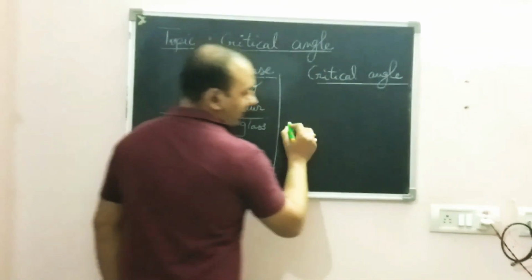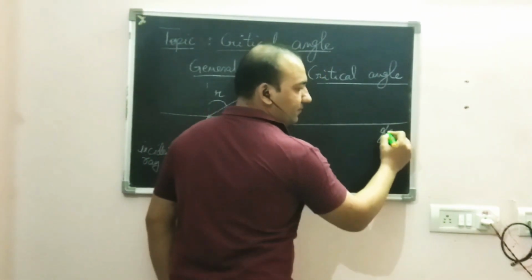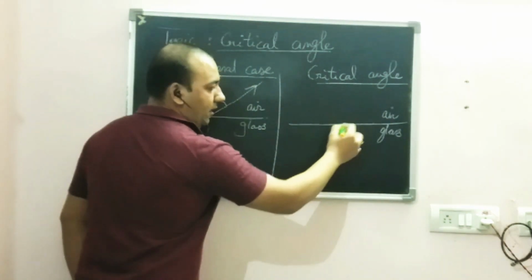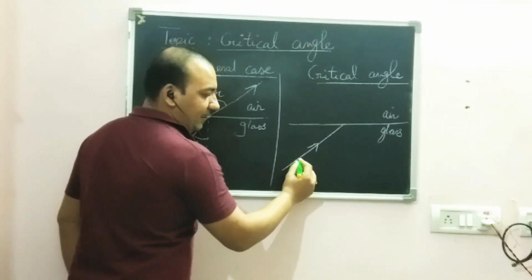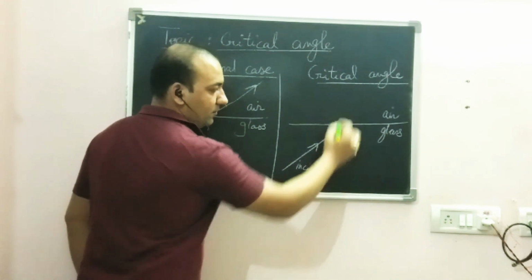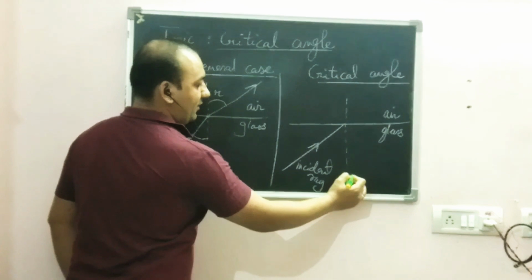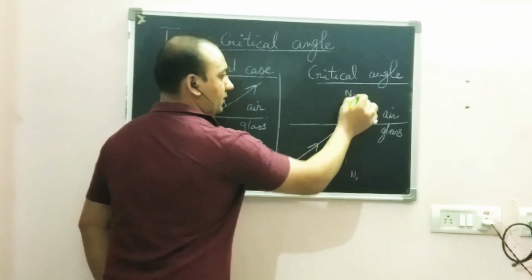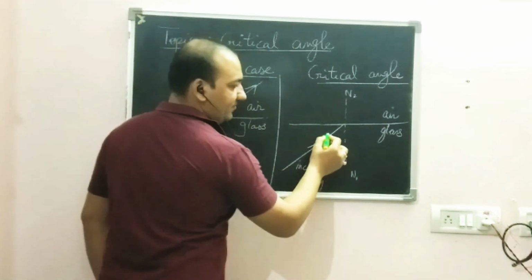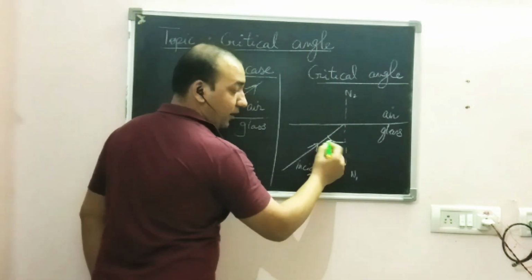So let's see it. If this is again glass and air, and another ray passes, which is the incident ray. This is our normal, let's suppose N1, N2. And this angle is the angle of incidence.